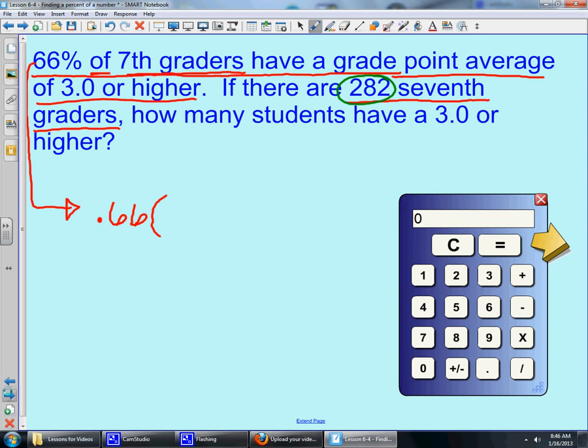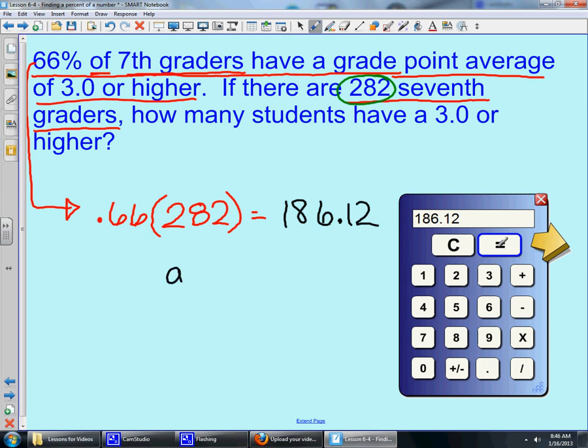So if we take the number of 7th graders and plug this in here, we will get the answer of how many 7th graders have a GPA of 3.0 or higher. So we have 0.66 times 282, which is equal to 186.12.